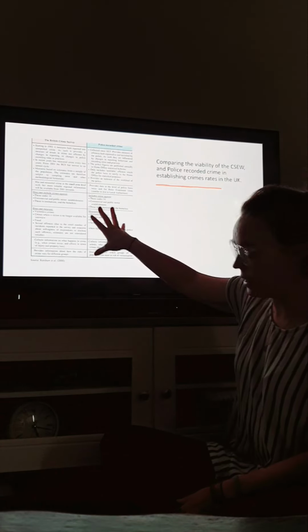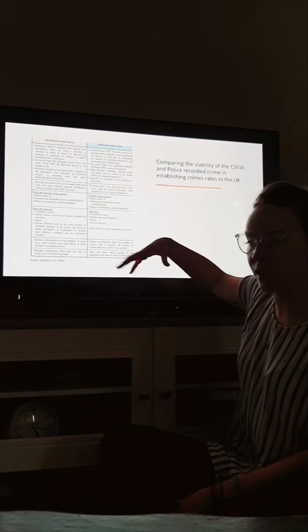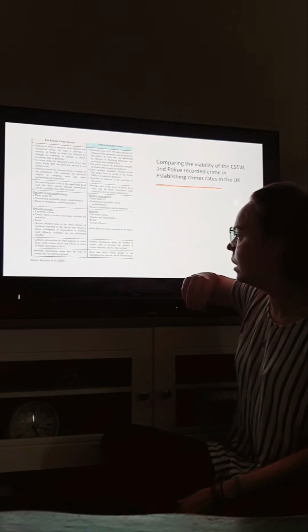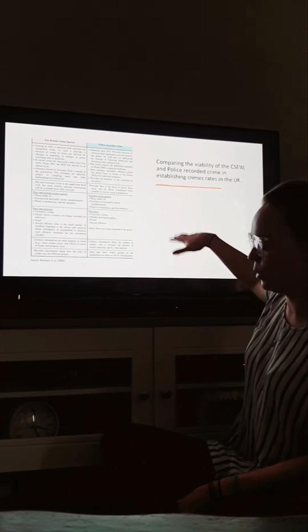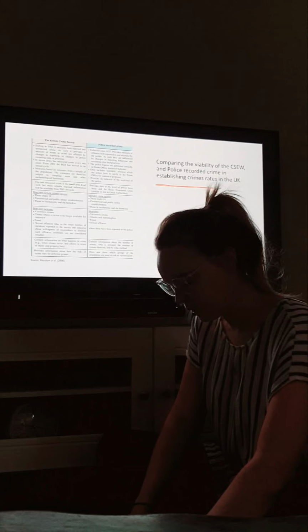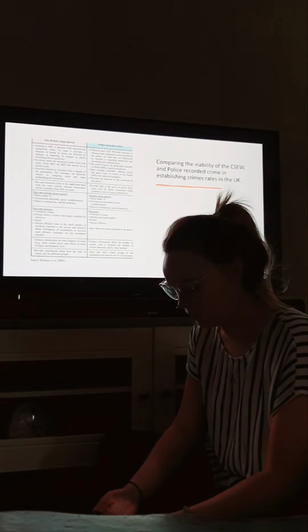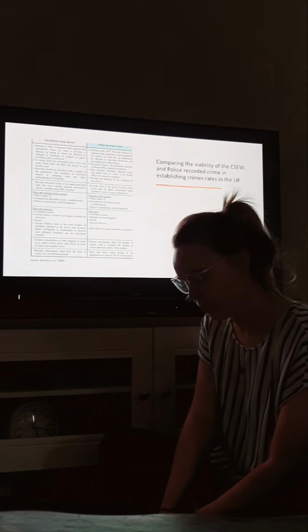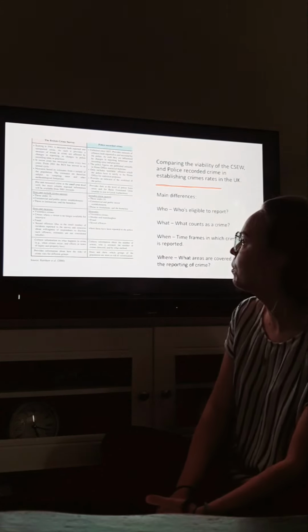In the table is basically the things we've covered, who the data collection includes, who it excludes, and the main differences we're going to discuss now. So the main differences between the two are who is eligible to report.